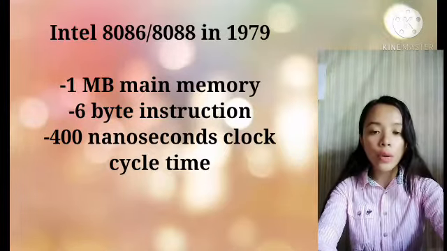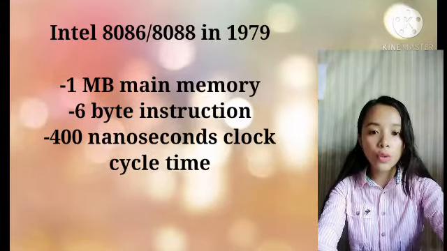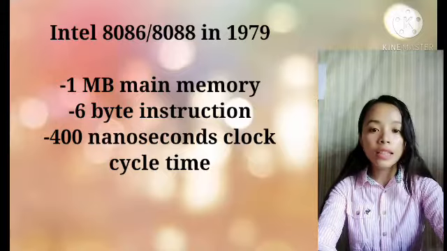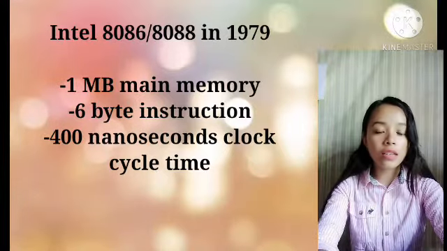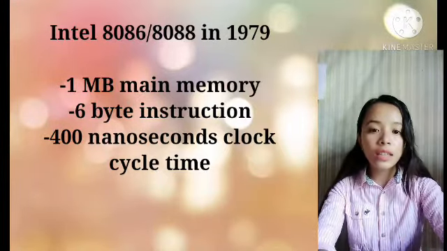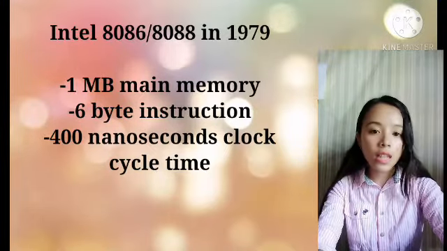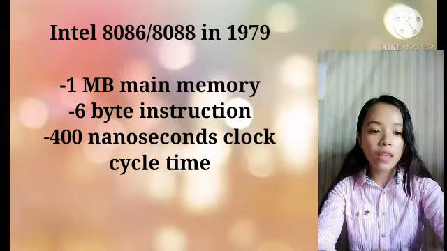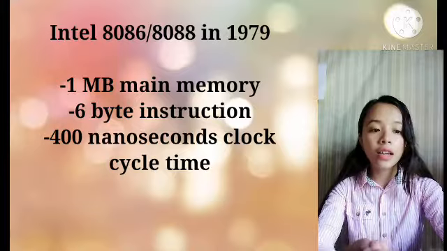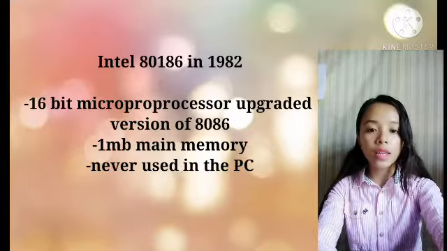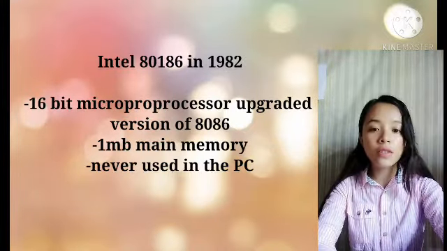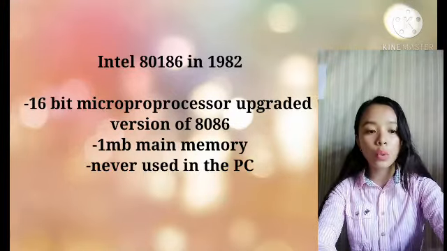Next is the Intel 8086 to 8088 in 1978 and 1979. It has 1 MB memory, a 6-byte instruction queue, and a 4 nanosecond clock cycle time. Next is the Intel 80186 in 1982.